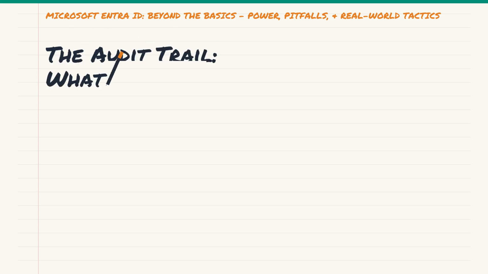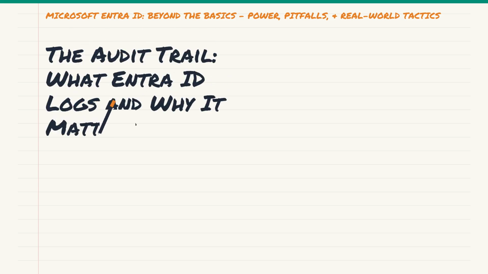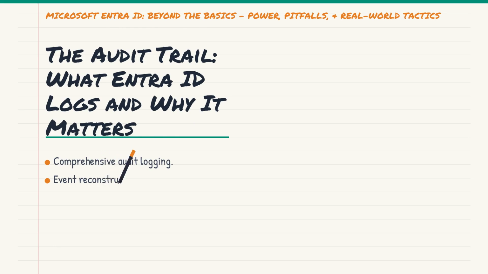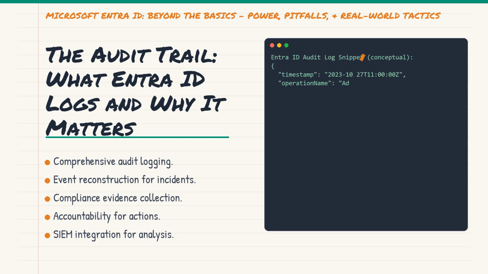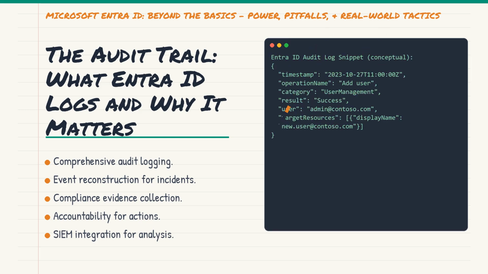Every action in Entra ID generates an audit log. This is your absolute best friend for investigations, compliance, and troubleshooting. We're talking about who created a user, who changed a policy, who granted access, who attempted a risky sign-in, who activated a privileged role.